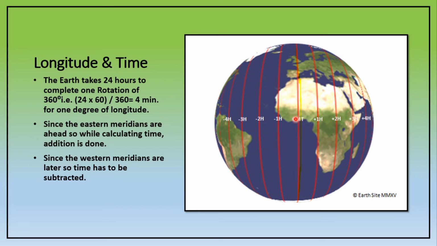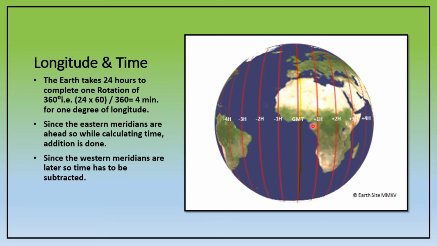Similarly, whatever time the GMT has, all the longitudes in the eastern part of the GMT will be 1 hour ahead, because longitudes having a difference of 15 degree have a time difference of 1 hour.